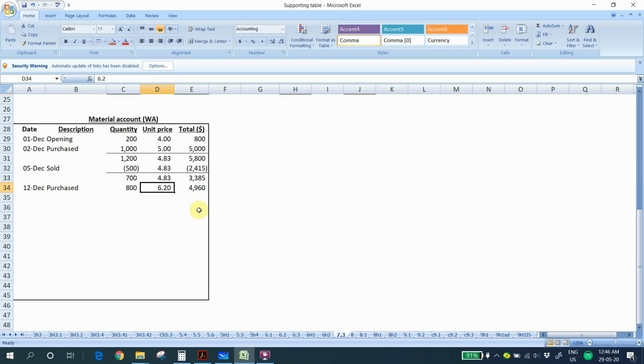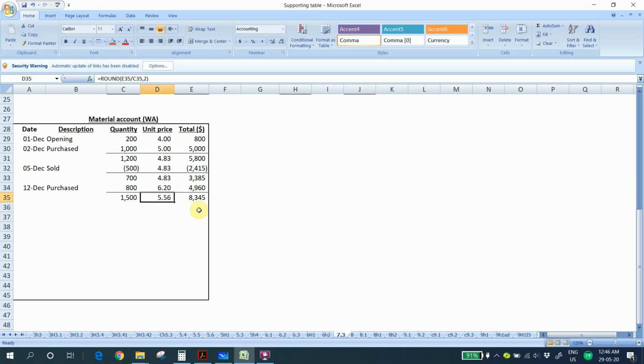If you find out that the unit price is different, the next thing you do is do the weighted average. So it means that we have a total of 1,005 units of the product up to 12th of December. The total value is 8,345, and the weighted average cost is $5.50.